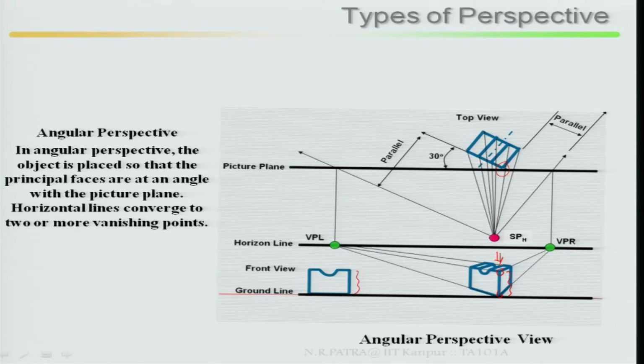The other part is, in angular perspective, it is not necessary that one of the edges or surfaces touches your picture plane; it may be far away from the picture plane.